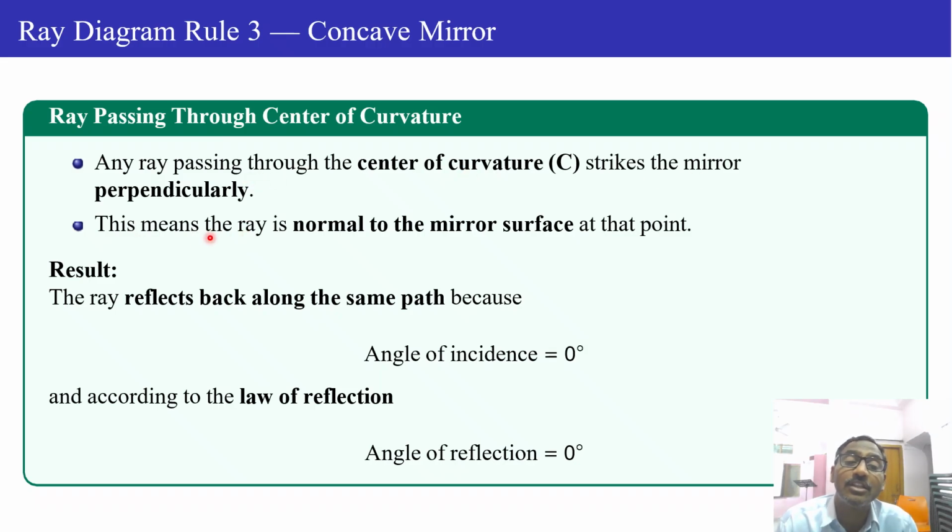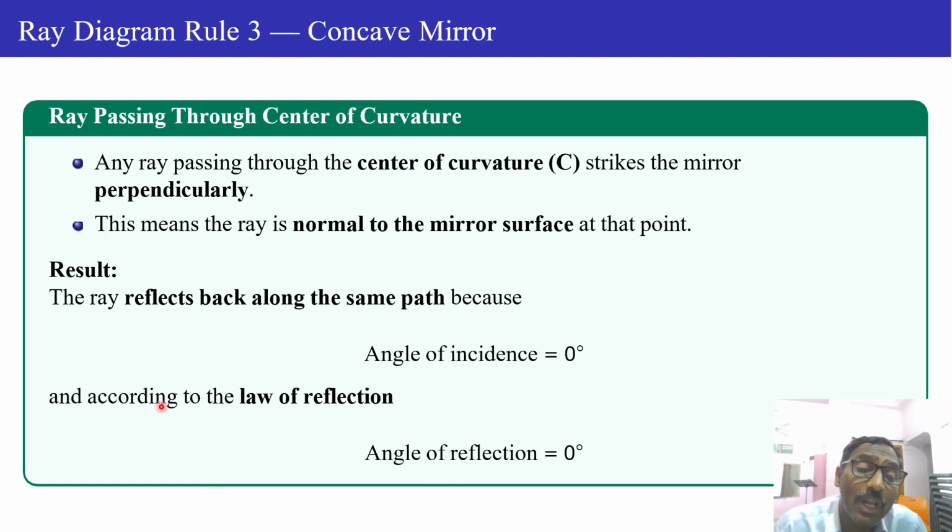This means the ray is normal to the mirror surface at that point. Coming to the result, the ray reflects back along the same path because the angle of incidence is equal to 0.